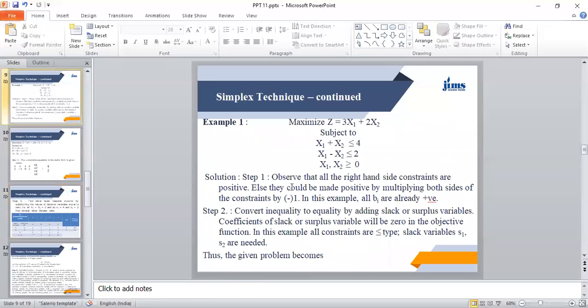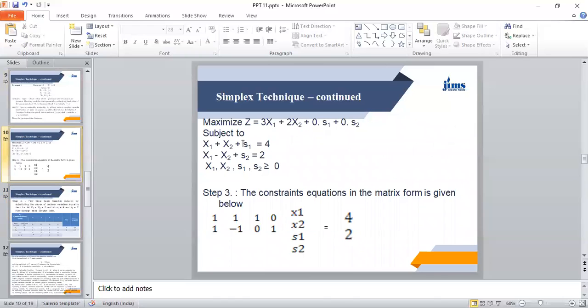You do not produce x1 or x2, then s1 is equal to 4 and s2 is equal to 2, and their contribution is 0. So profit will be 0. X1, x2 0 and 0 s1, 0 s2. So worst condition is, in the case of maximization, that your profit becomes 0 and you do not produce anything. This is the worst condition.